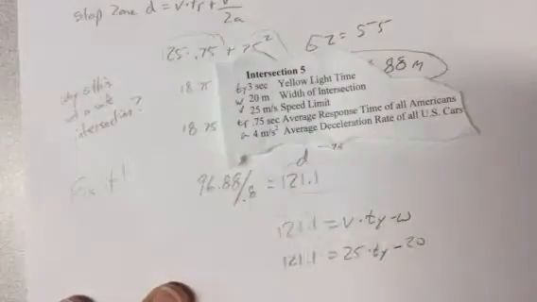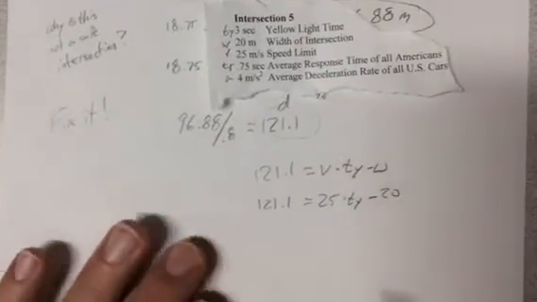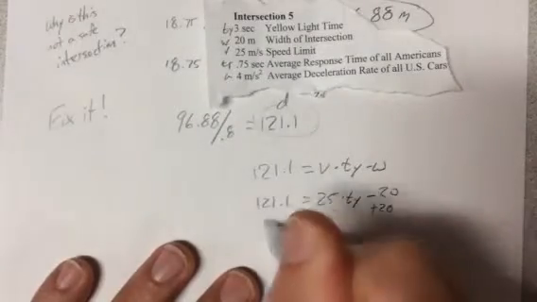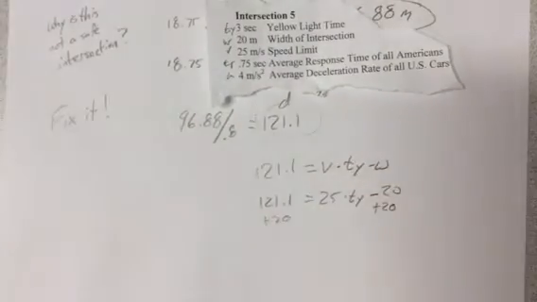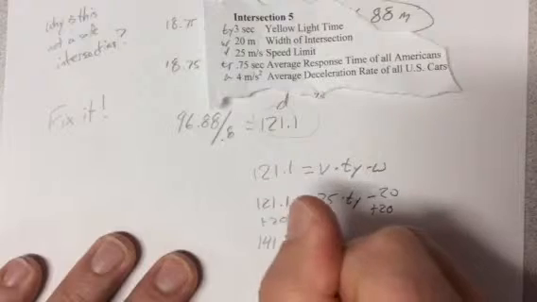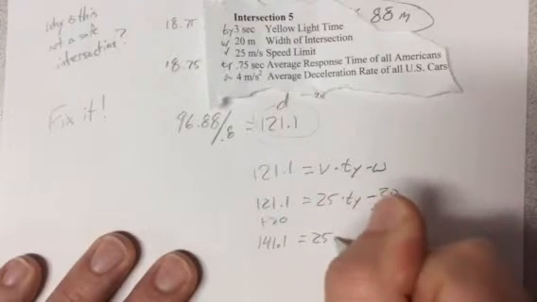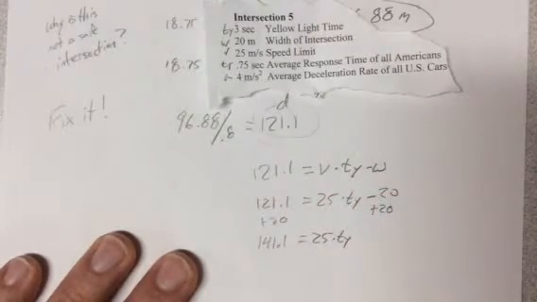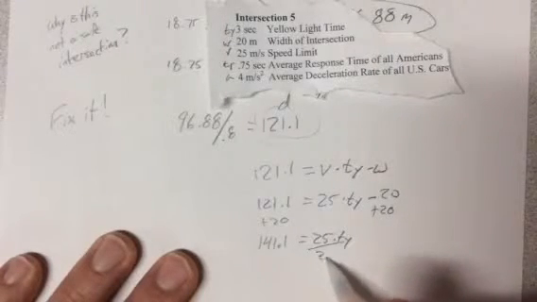Okay, now we're just doing some algebra. We are going to add 20 to both sides first. You have to do addition and subtraction first. And I get 141.1 equals 25 times t of y. And then I'm going to divide both sides by 25.